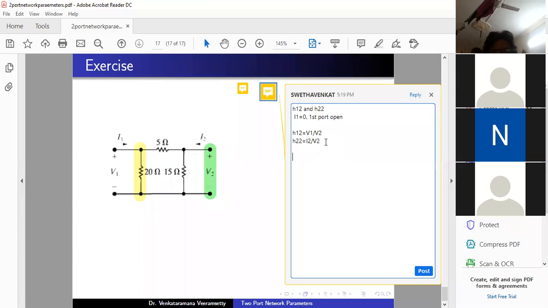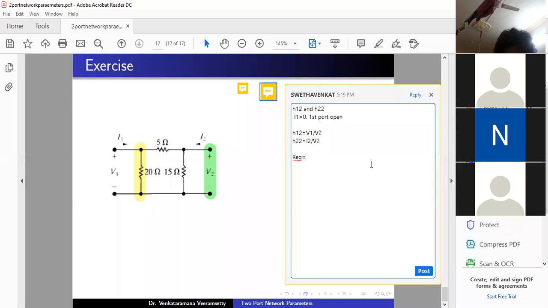So the first port is open, I1 is 0. Now what is the equivalent resistance seen from the second port? Because it's open, the 5 ohm and 20 ohm resistances are in series, and that net resistance is in parallel with the 15 ohm resistance.